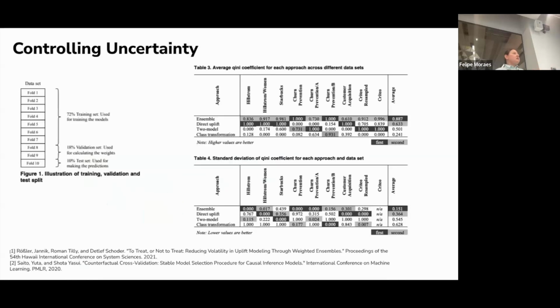One way is to try to make your model more robust and decrease that uncertainty. In the paper To Treat or Not to Treat, the authors propose ensembling techniques plus some cross-validation to reduce the uncertainty.